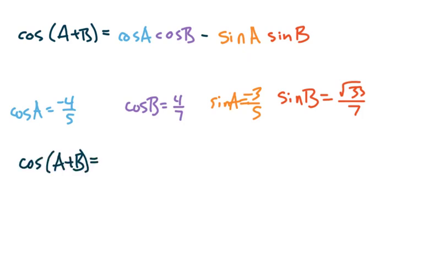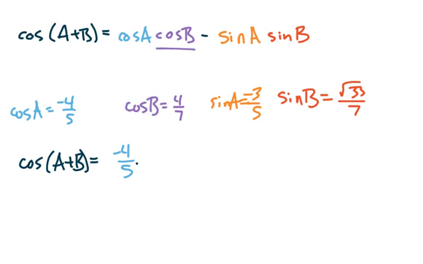Cosine of A plus B is equal to the cosine of A. Now again, this does not say A equals negative 4/5. It says cosine of A equals negative 4/5. So I'm not replacing the letter A. I'm replacing the entire cosine of A. Negative 4/5 by itself times the cosine of B. And the entire cosine of B, not B equals 4/7, cosine of B equals 4/7.